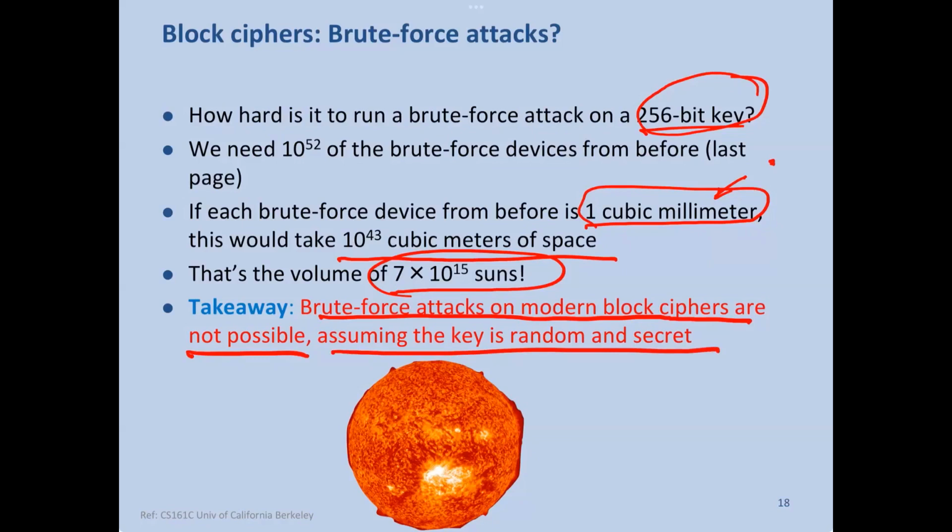Any question? What is the brute force attack on ciphertext? You have ciphertext available, it leaked out to you, and you know the algorithm, the decryption algorithm.